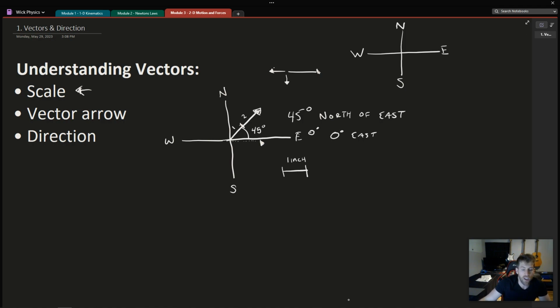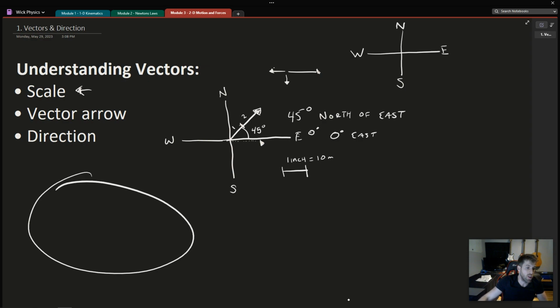So for every inch, all right, there's a certain value to that. Okay, so this inch could actually mean 10 meters. It could mean whatever the producer of this data wants it to be. So it could mean 10 miles.